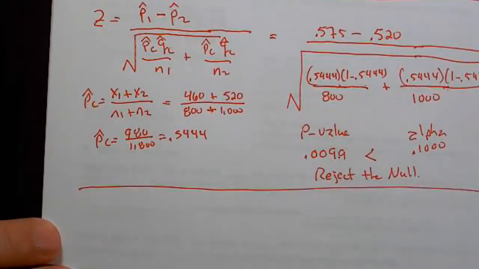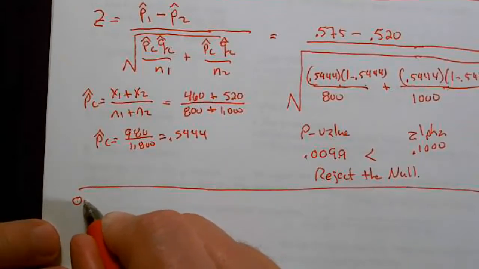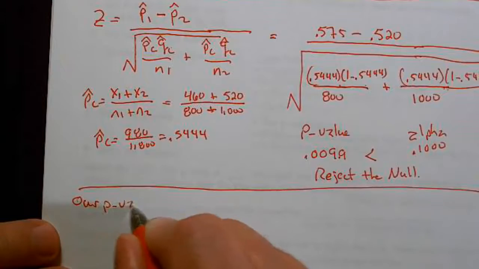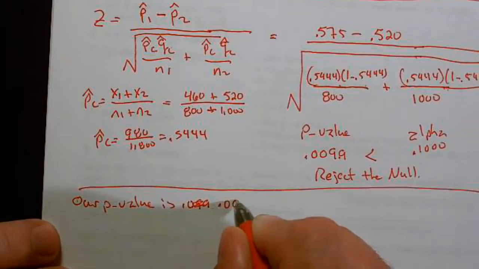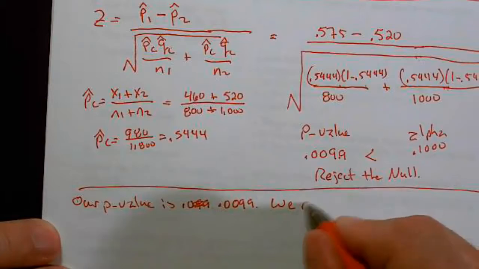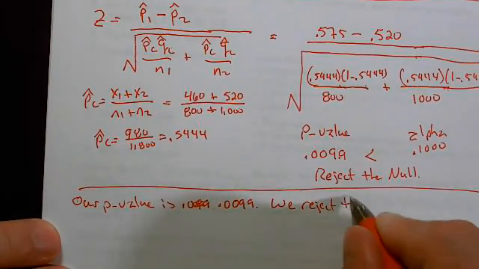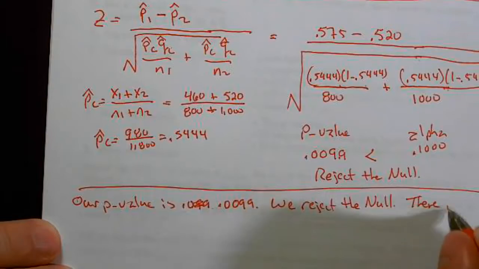So we need to write up our conclusion. Our p-value is 0.0099. We reject the null. There is plenty, lots and lots of it. Enough. We like to use the word sufficient.